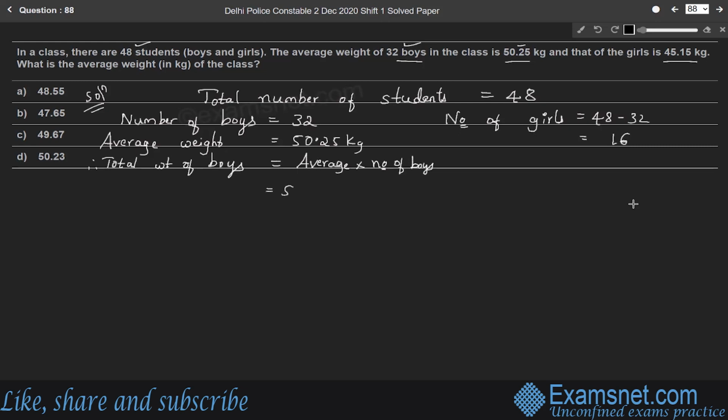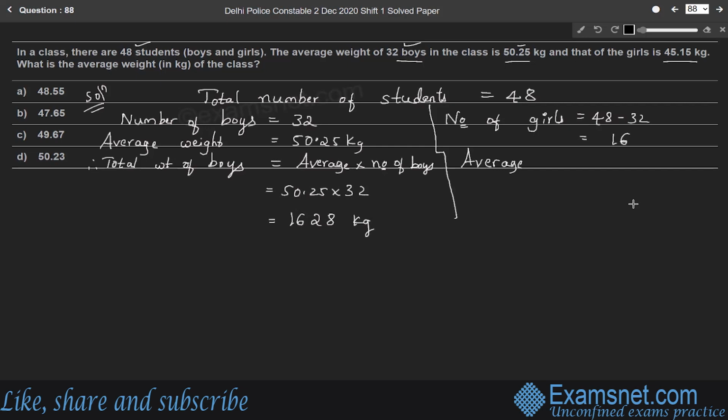So what is average? 50.25 into 32, which is 1628. So total weight of boys is 1628 kgs. So here number of girls is 16 and average weight is given.